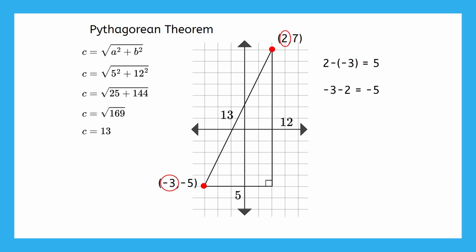Either way, positive 5 squared and negative 5 squared both take us to 25 and represent this part of our equation. Another way to think about this is that the x values here match. And since we're trying to find this horizontal distance, it's the difference between the x values that we really cared about.